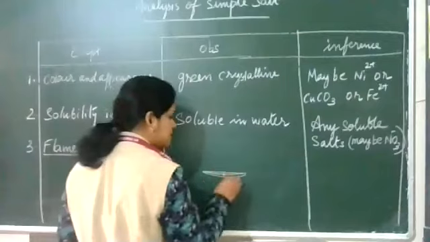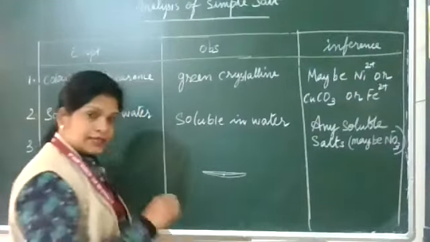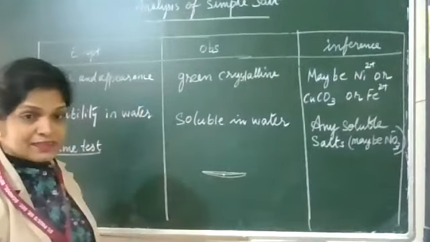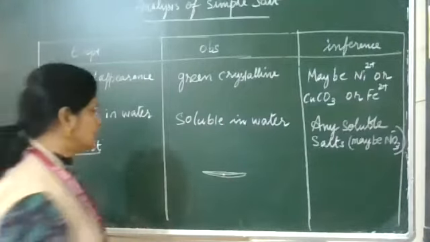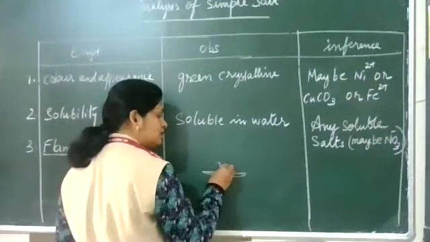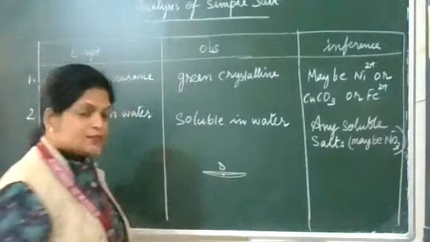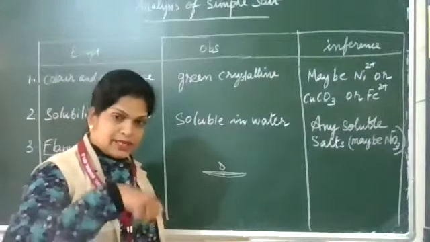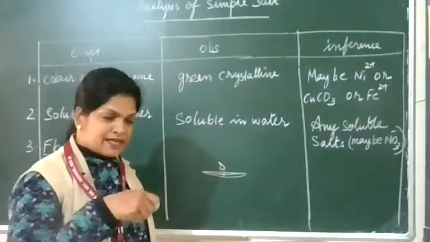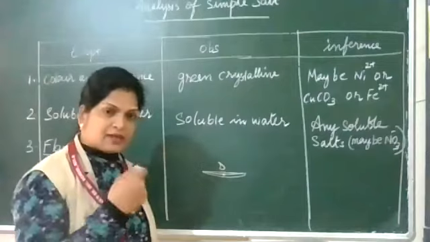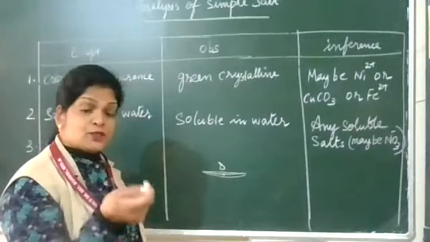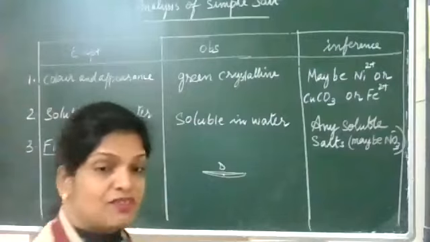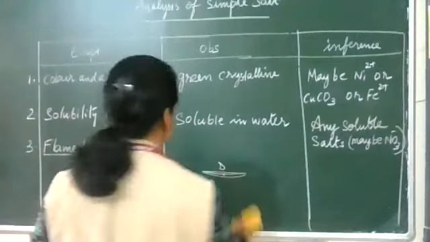You take a pinch of this nickel sulfate, which for you is an unknown, and add 1 drop of concentrated HCl. Using a glass rod, make it into a paste, and using the same glass rod, take a little of that paste and show it at the non-luminous part of the flame, which is the blue flame.